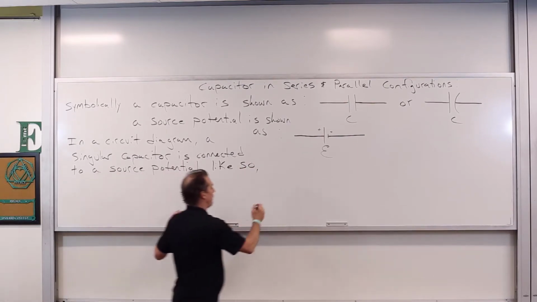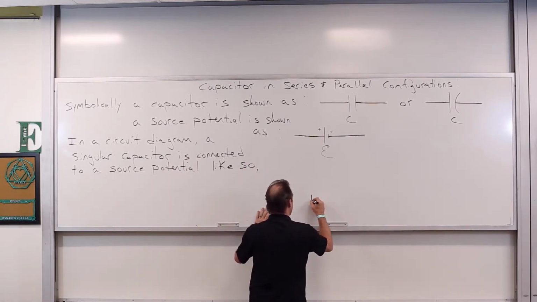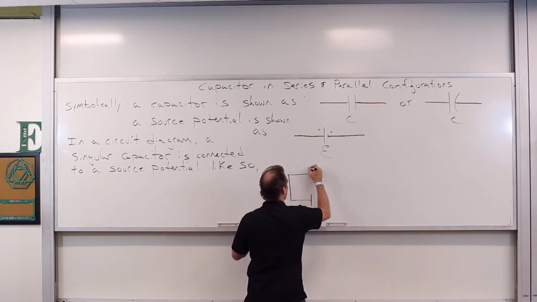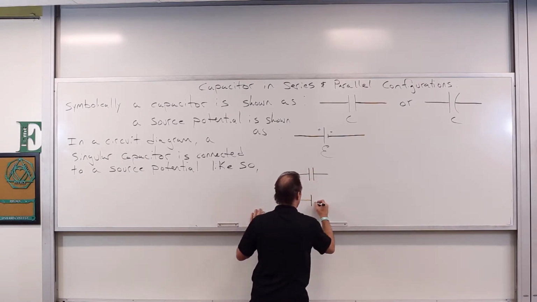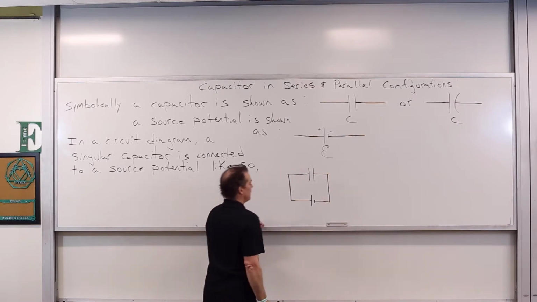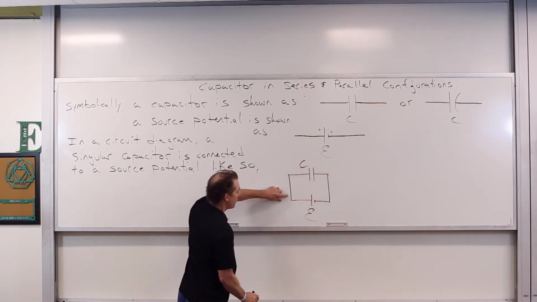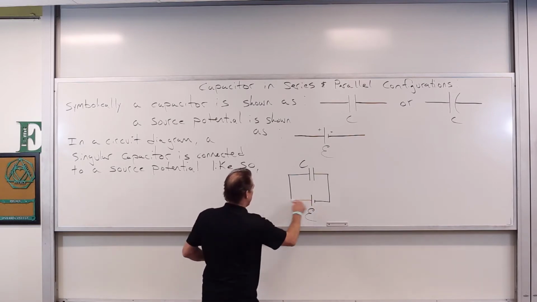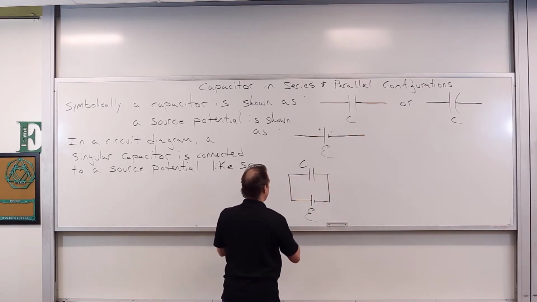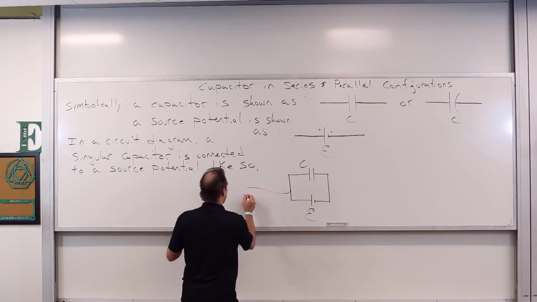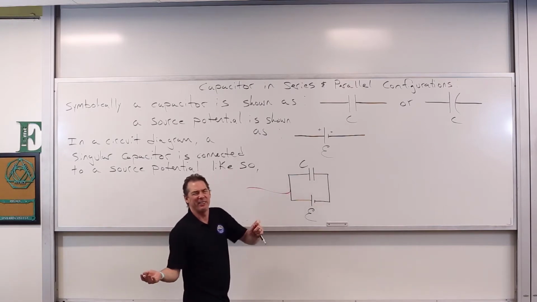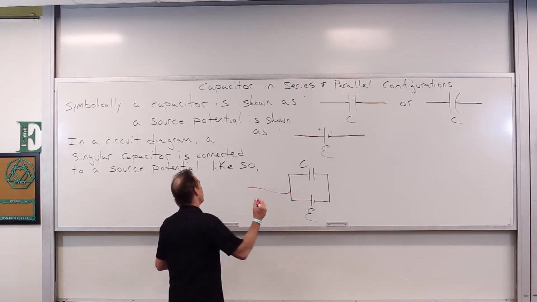What do we have? Well, we just got ourselves some source potential. Like this. There's our source, there's our capacitor, and all this stuff, any pathway you have that's just a solid line, is just some conductive pathway. Generally, you think of it as some wire, that's fine.